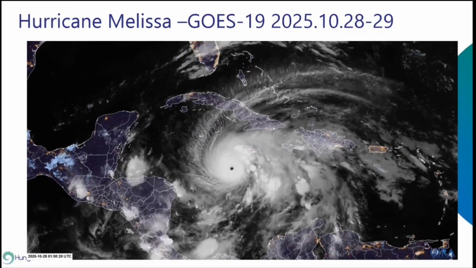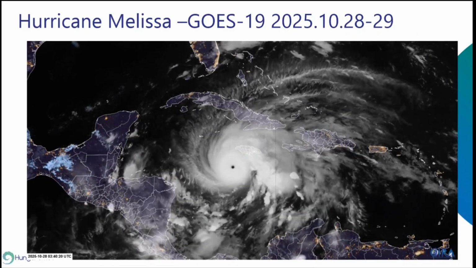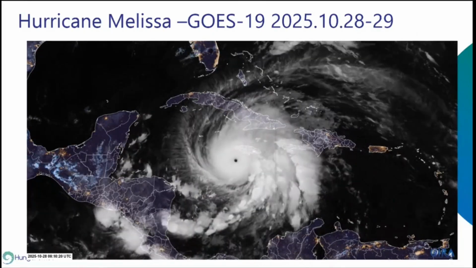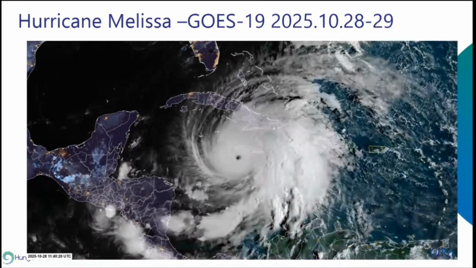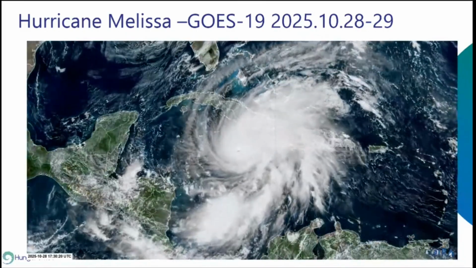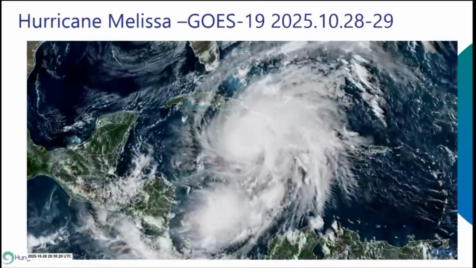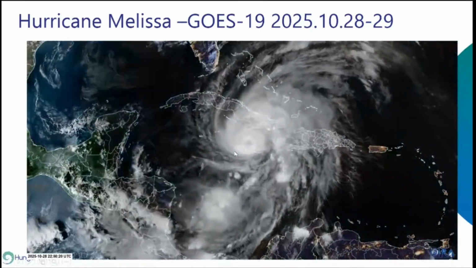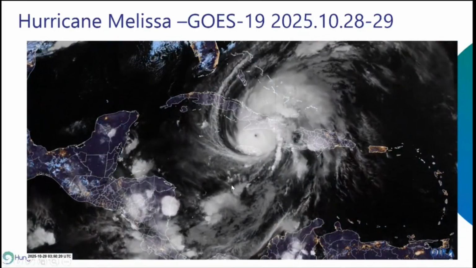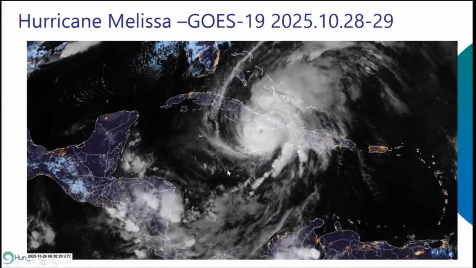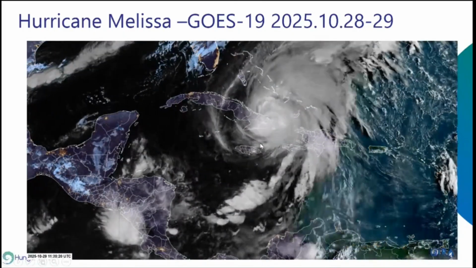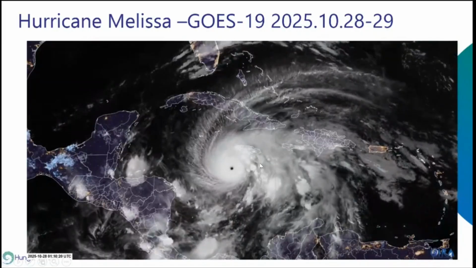And if we look into this loop, this is a 2-day loop, also a GeoColor image, and we can see the hurricane approaching first Jamaica. Before it hit Jamaica, it was category 5, as you know, and then it dropped to category 3, and then it went over Cuba.